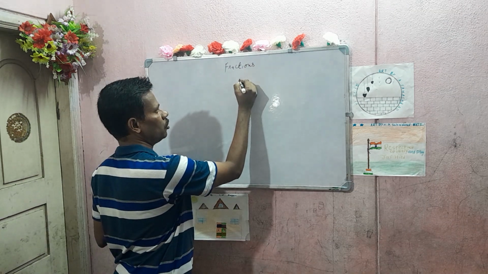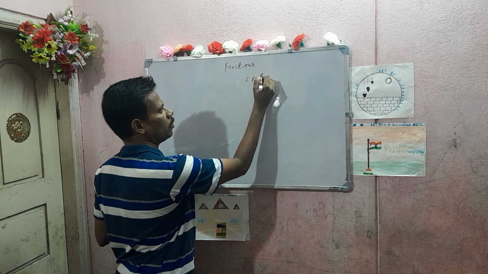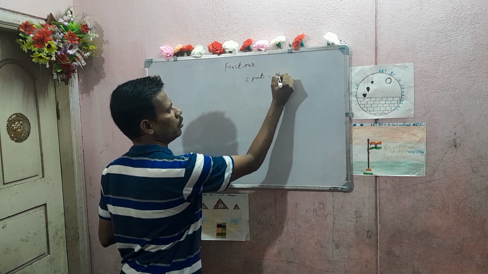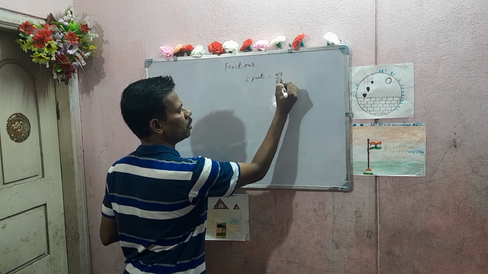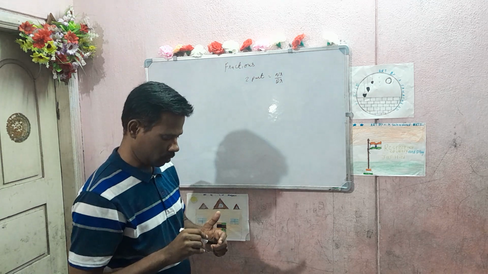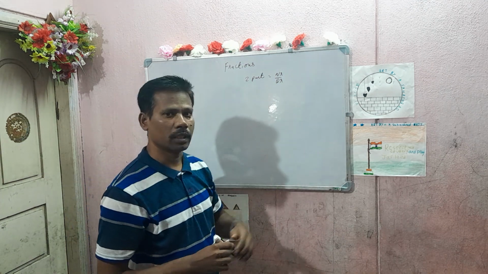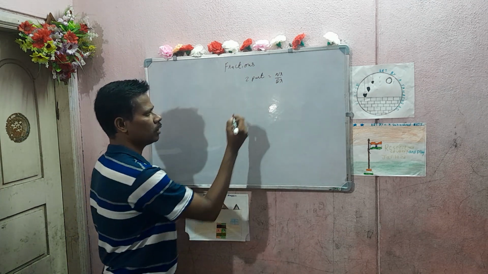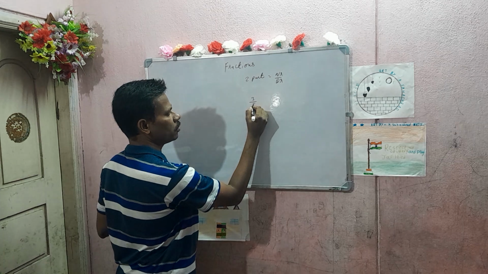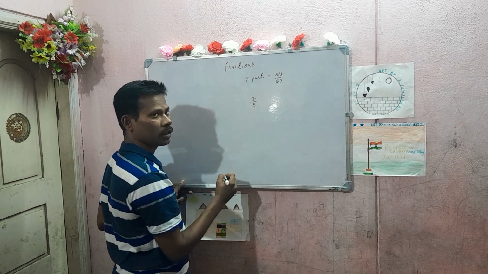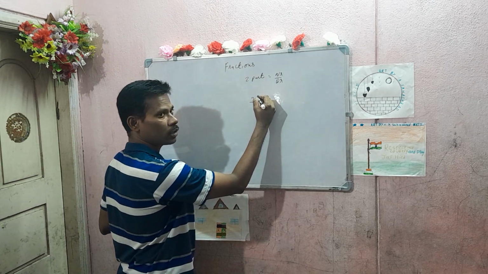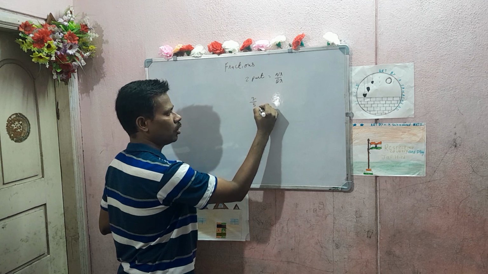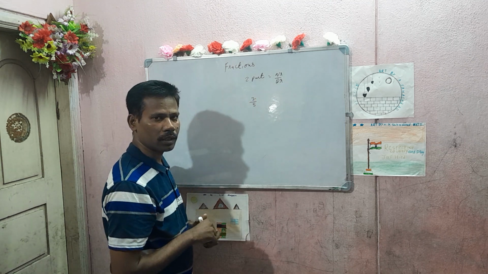Fraction contains two parts: one is numerator, one is denominator. The upper part is called numerator and the lower part is called the denominator.